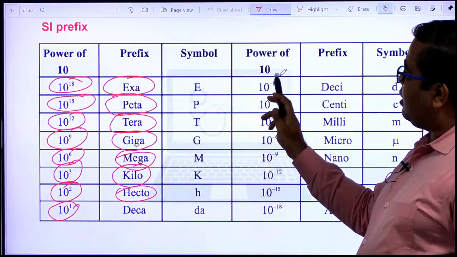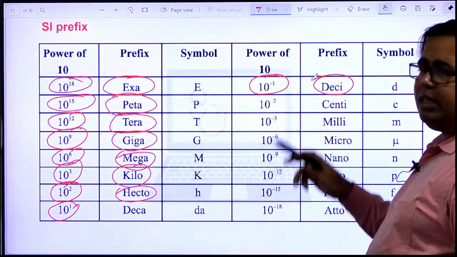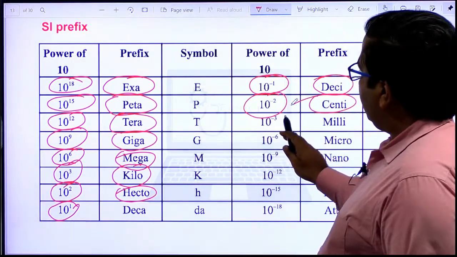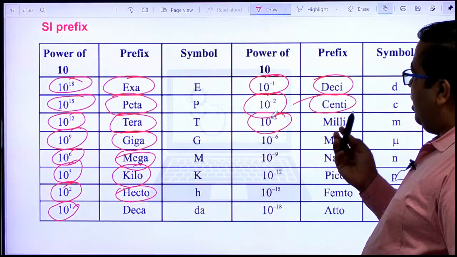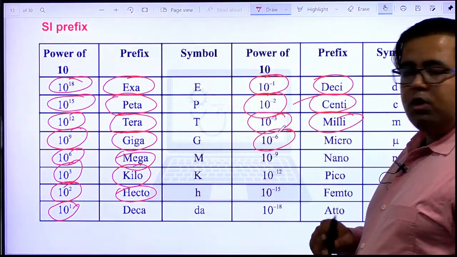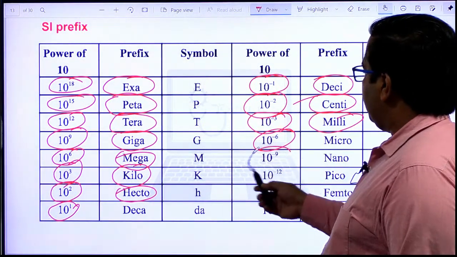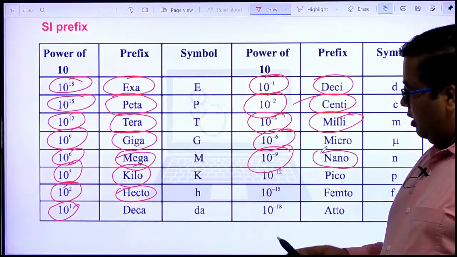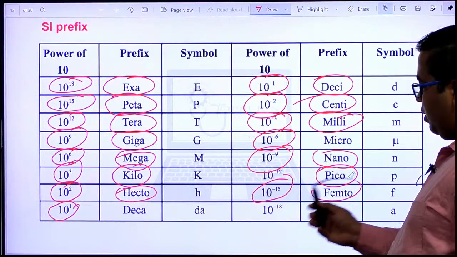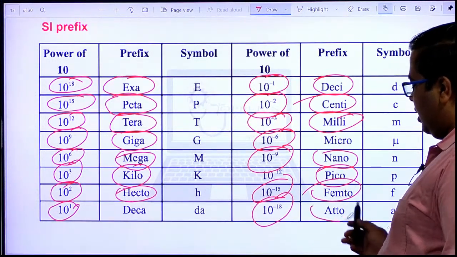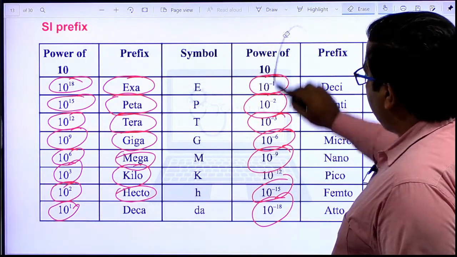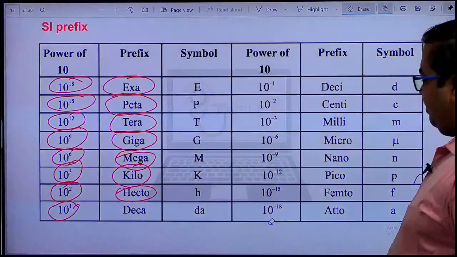When it's 10 to the power minus 1, we say deci, like decimeter. 10 to the power minus 2 is centi, like centimeter. 10 to the power minus 3 is milli, like millimeter. 10 to the power minus 6 is micro, like micrometer. 10 to the power minus 9 is nano, like nanometer. 10 to the power minus 12 is pico. 10 to the power minus 15 is femto. 10 to the power minus 18 is atto. So these are the prefixes we use, and you just have to remember up to 10 to the power minus 15, it's okay.